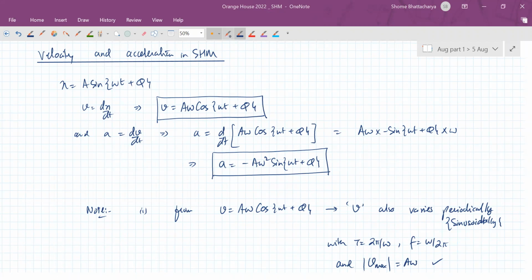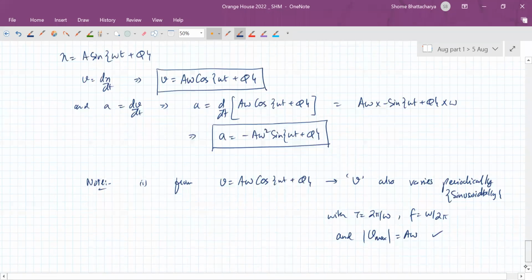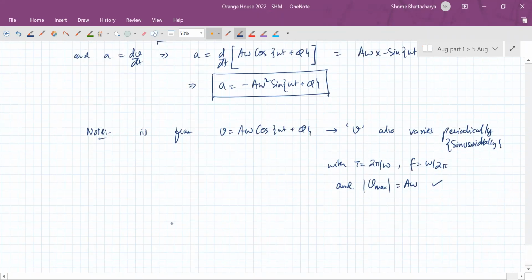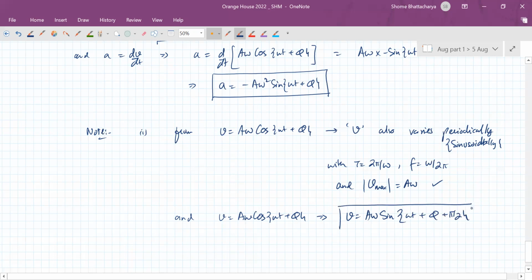Now, before we come to the relation of acceleration, one more thing we'll see here: that v, which is A omega cos(omega t + phi), can also be written as A omega sin(omega t + phi + pi/2).